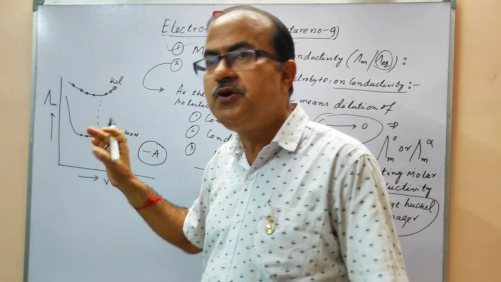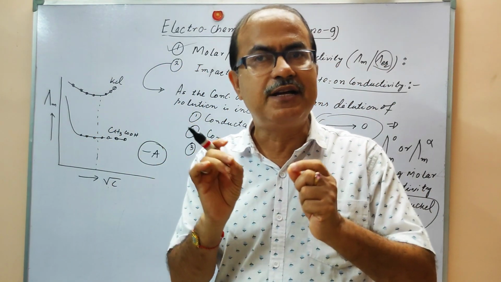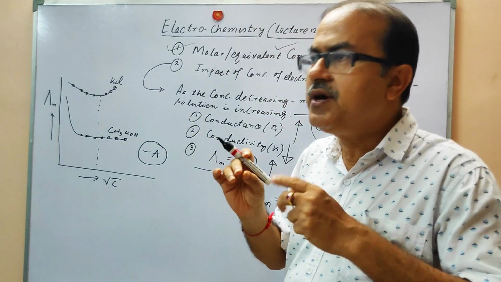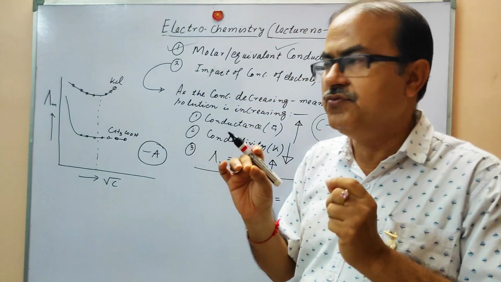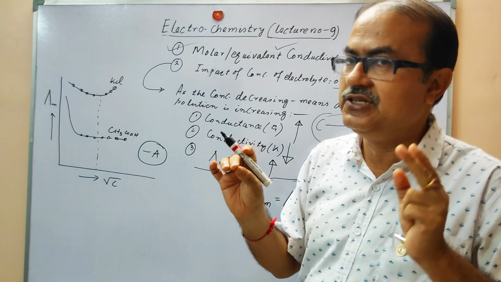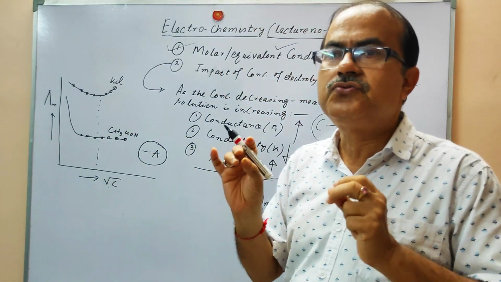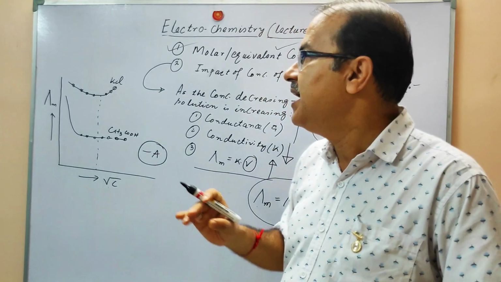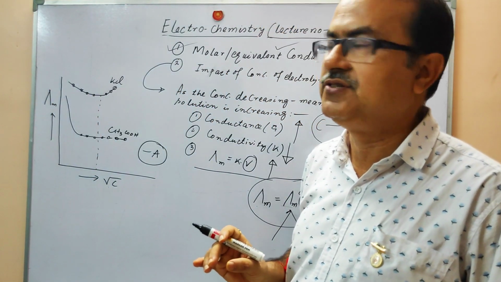Now, why is it so? Because at the initial concentration there is an attractive interaction, and when we are diluting, the attraction between the ions goes on decreasing, and this will enable the ions to transport the electricity on a larger scale, and that is why its molar conductivity is going to increase.